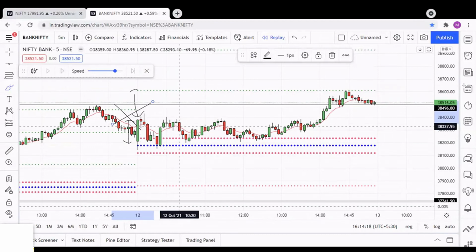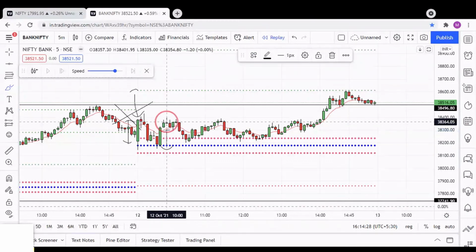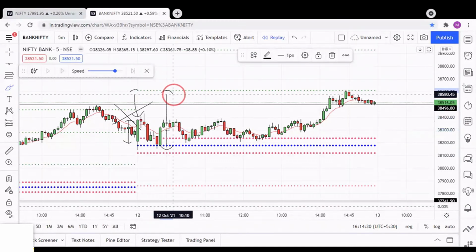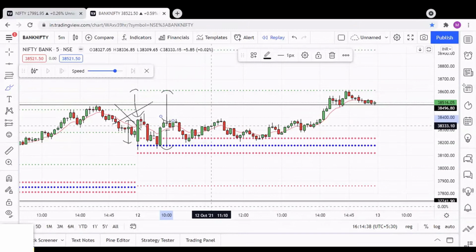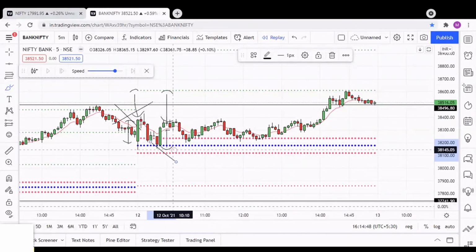If you go long here at this point, your stop loss will be below the candle and your target will be 2R, which is not 2R, it is almost 1.2 or 1.3. So there is no trade here also.